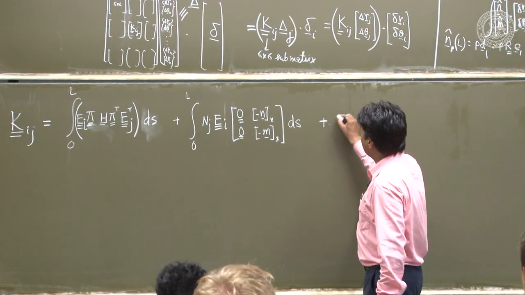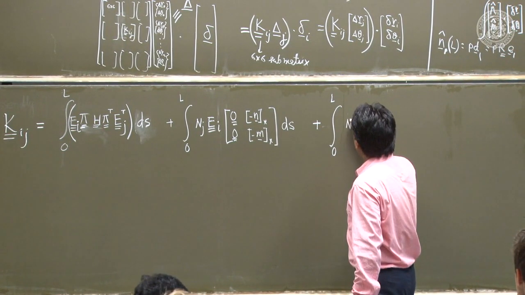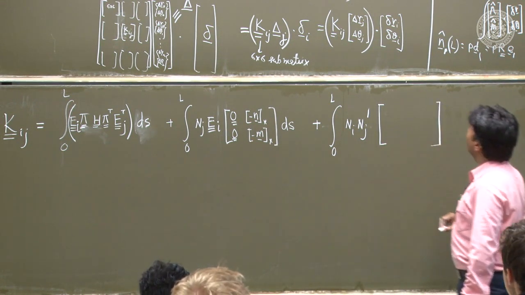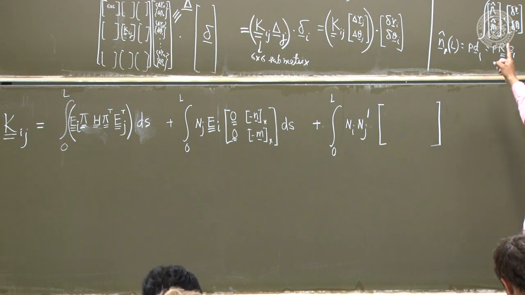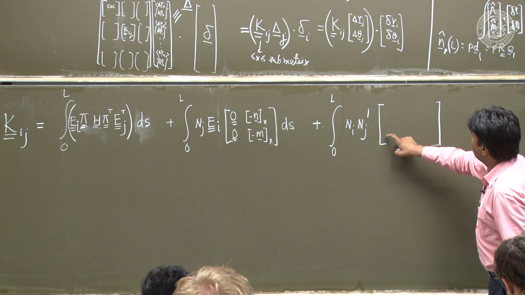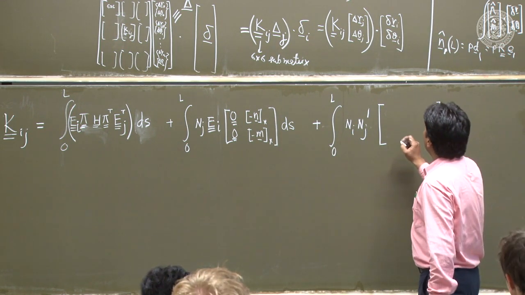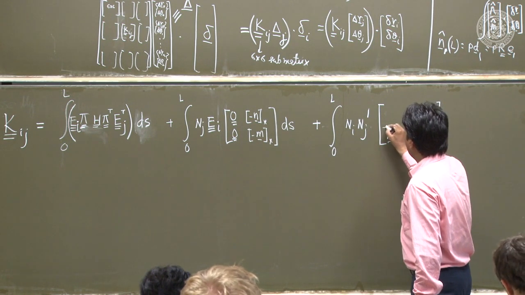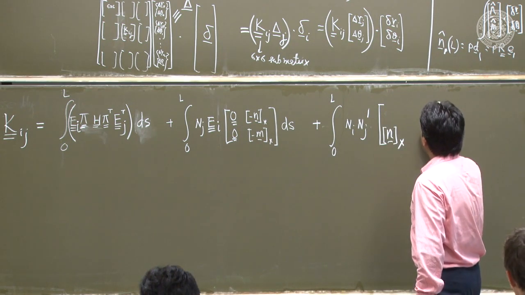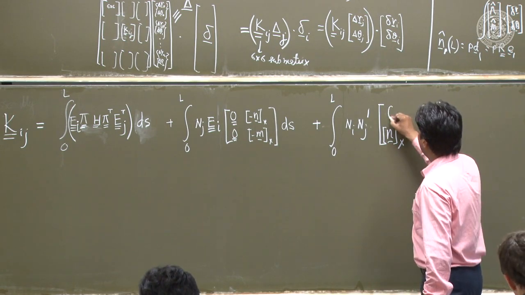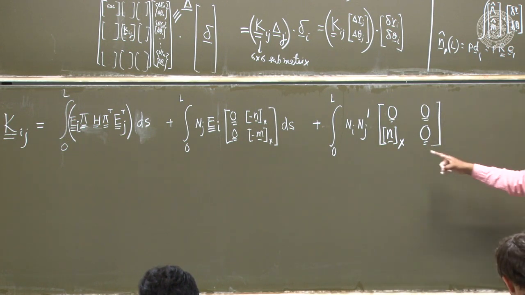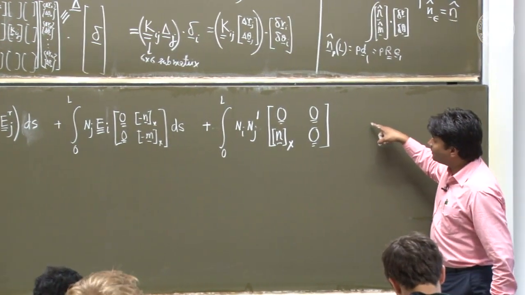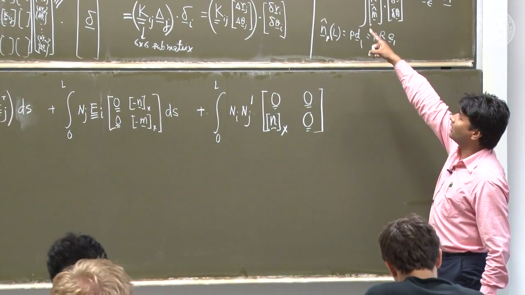So you could write this as plus 0 to L, n_i n_j prime times this matrix which has delta little r and del theta, your n, 0, 0 0. When you multiply with your delta_j and then dot with del_i, you will get that.